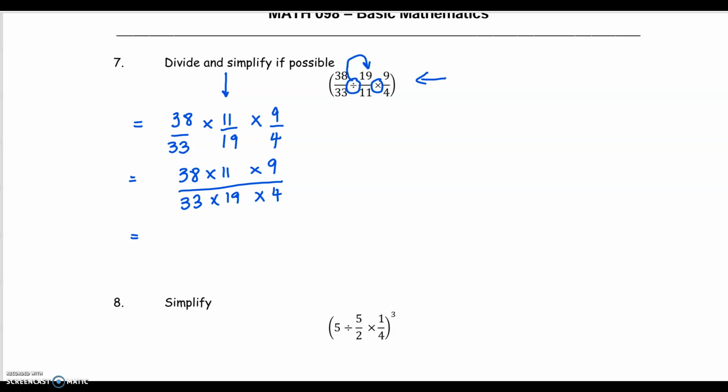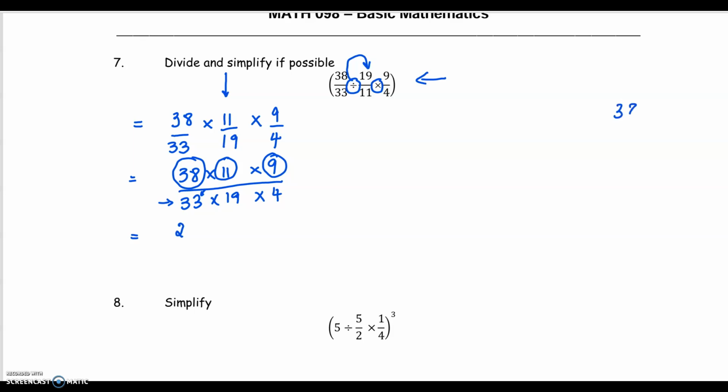So let's break down numbers to some extent. I know 9 has to become a 3 times 3 because I see a 3 hiding in the 33 as a factor. I also see 11 hiding inside the 33 as a factor. I don't know if 19 is sitting here unless I think a little harder, but I'm going to break it down anyway.